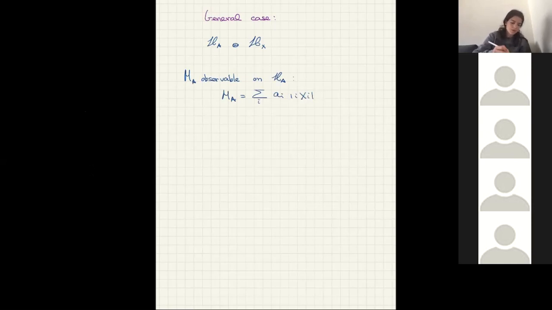Okay, so let's propose the following interaction Hamiltonian. And then we'll see what happens.